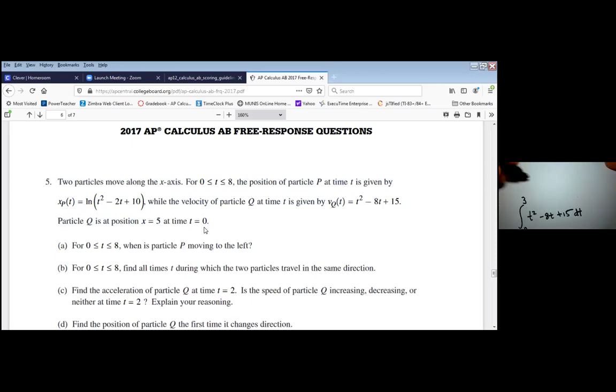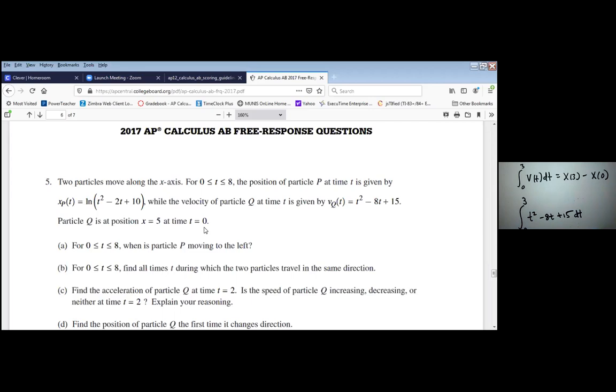Now, the integral of vQ(t) dt is the same thing as saying x of 3 minus x of 0. Those are identical, right? So all you're doing is integrating this and plugging in these pieces.